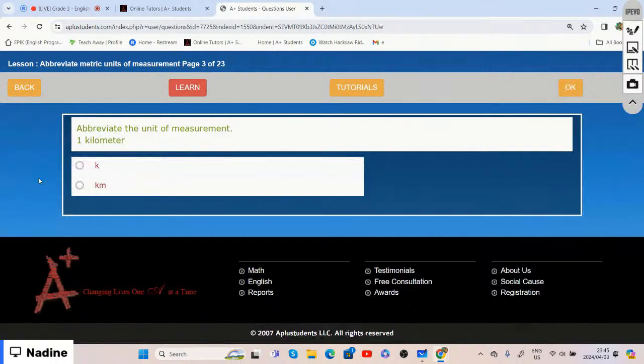All right, and if we choose the correct abbreviation for kilometer, it is KM for kilometer, right?